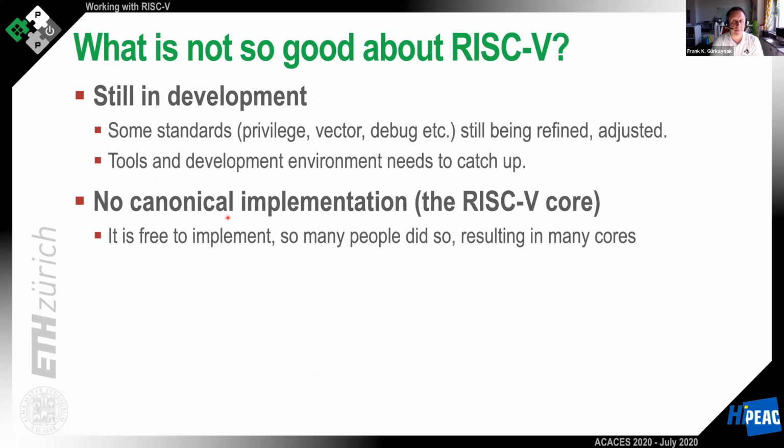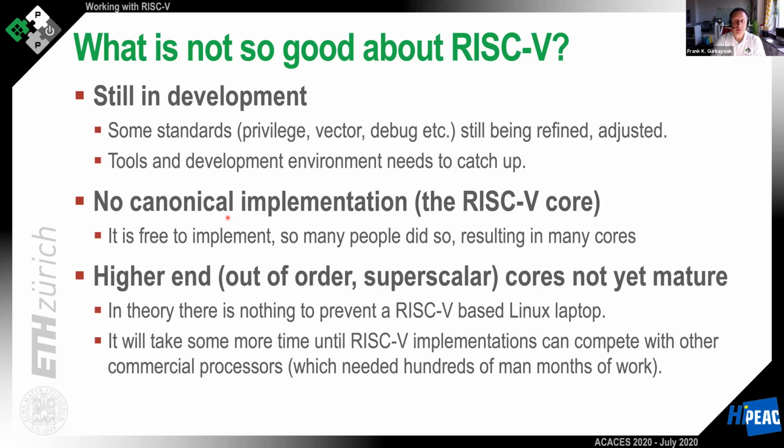It is free to implement. Many people did so, including us. As a result, there are many RISC-V cores. There are probably 100 implementations available in the wild at the moment. And you can make an argument that higher-end out-of-order superscalar 64-bit cores are not yet as mature as what you can find in the industry.